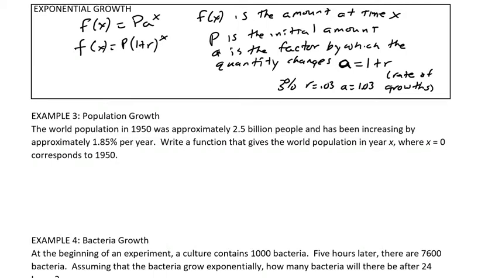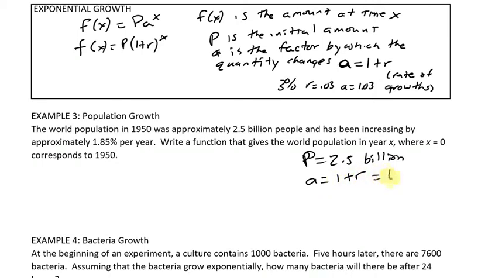The world population in 1950 was approximately 2.5 billion people and has been increasing by approximately 1.85% per year. Write a function that gives the world population in year x where 0 corresponds to 1950. So I need P, my initial amount, which is 2.5 billion. I need A, which is 1 plus R, where the rate is 1.85%.